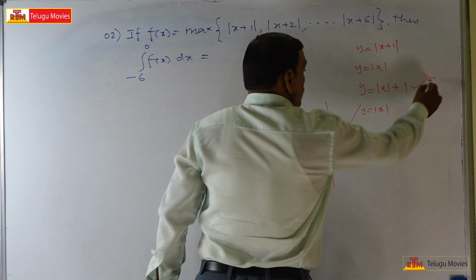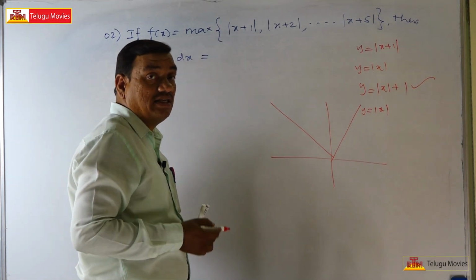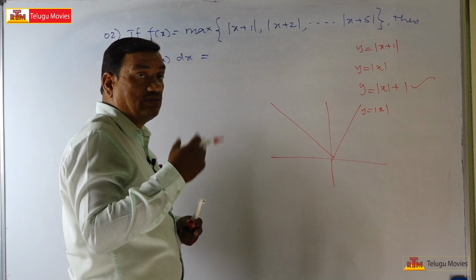Y is equal to modulus of x plus 1 means it will move 1 unit to the left side, because the plus 1 is inside the modulus.